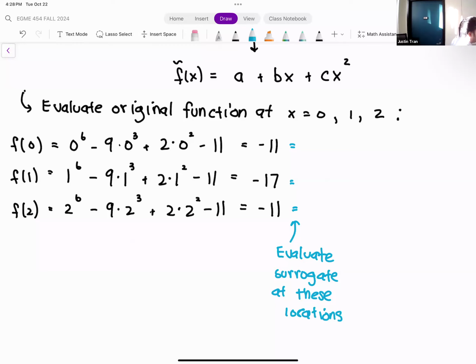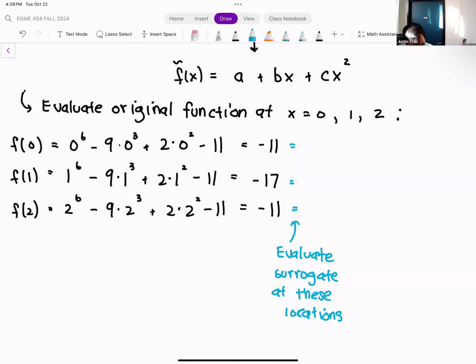Now, we won't be able to get a number from these because we don't know what A, B, and C are, but we are going to be able to get equations for A, B, and C. So the idea is to get a linear system of three equations for our three unknowns, except our three unknowns in this case are our coefficients A, B, and C.